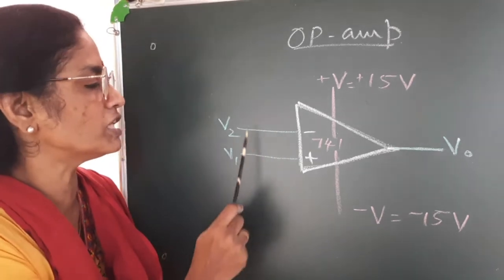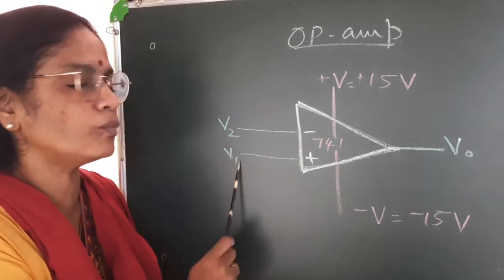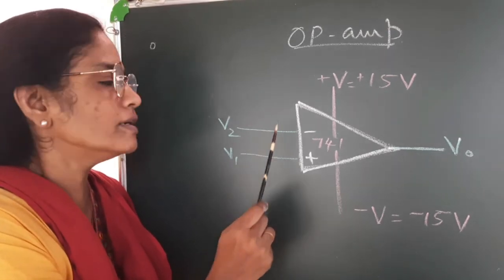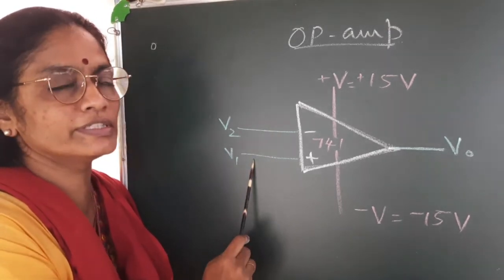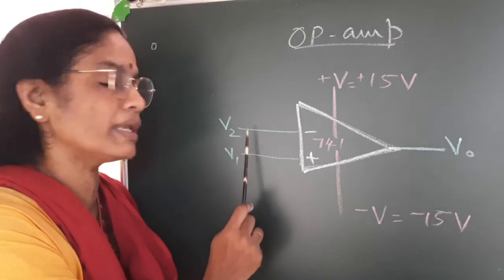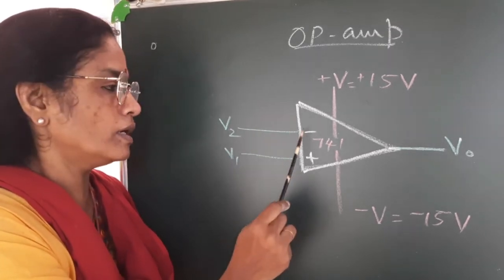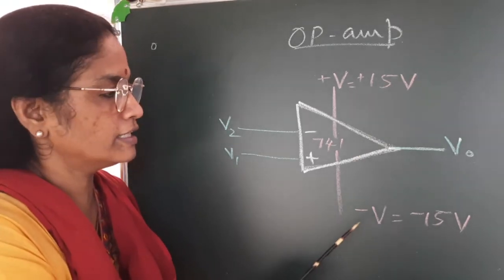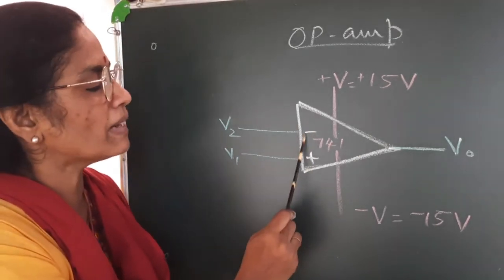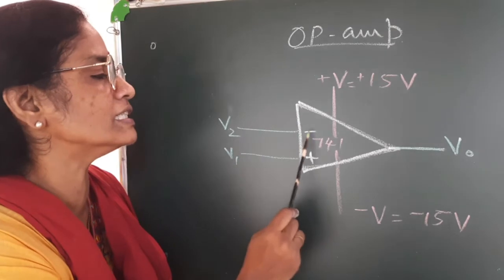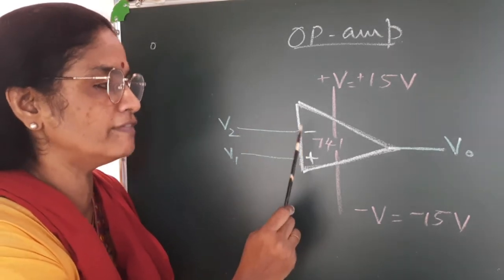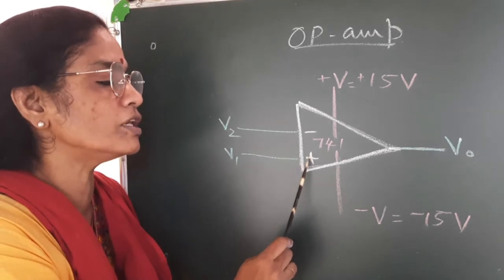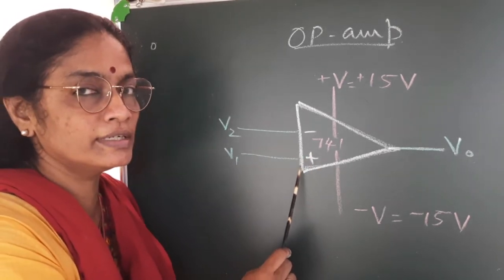The two input terminals are V1 and V2. We have already discussed that we give a differential input. So, there will be two inputs V1 and V2, and the output is V out. The minus sign shows that this is the inverting input. We will discuss what that is, and this input is known as the non-inverting input.